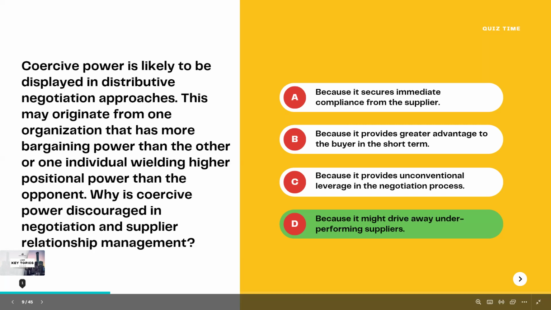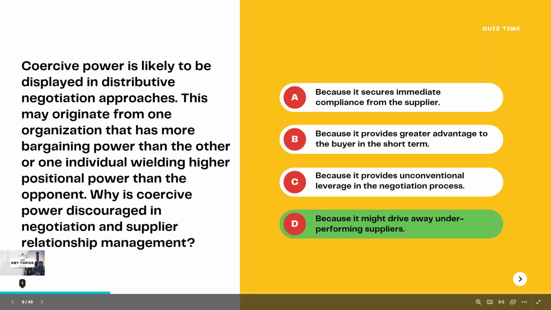Okay, so A, B, and C are about advantages of coercive power. Only with D, it might drive away underperforming suppliers. The supplier can be underperforming for multiple reasons, like they are focusing on other projects, or there are hurdles or obstacles during contract performance that are not from their side.